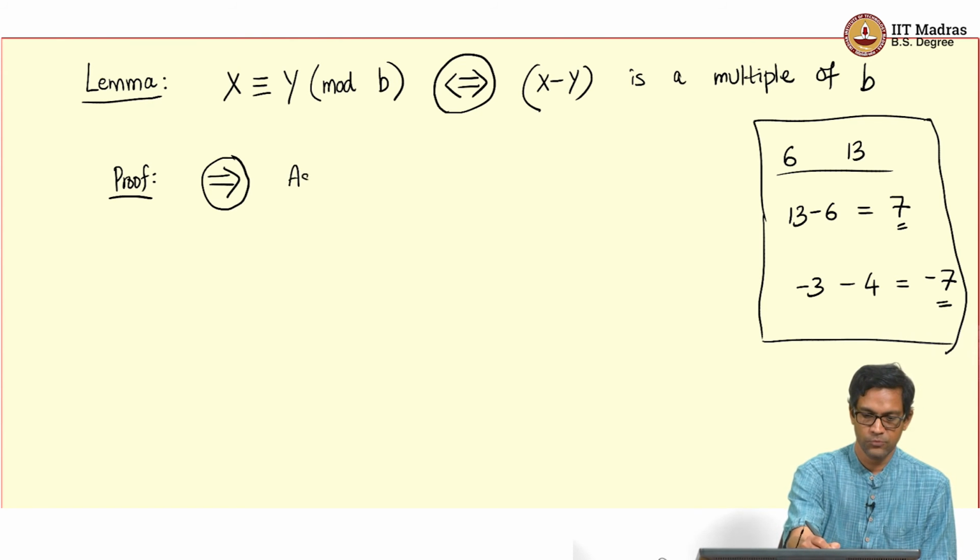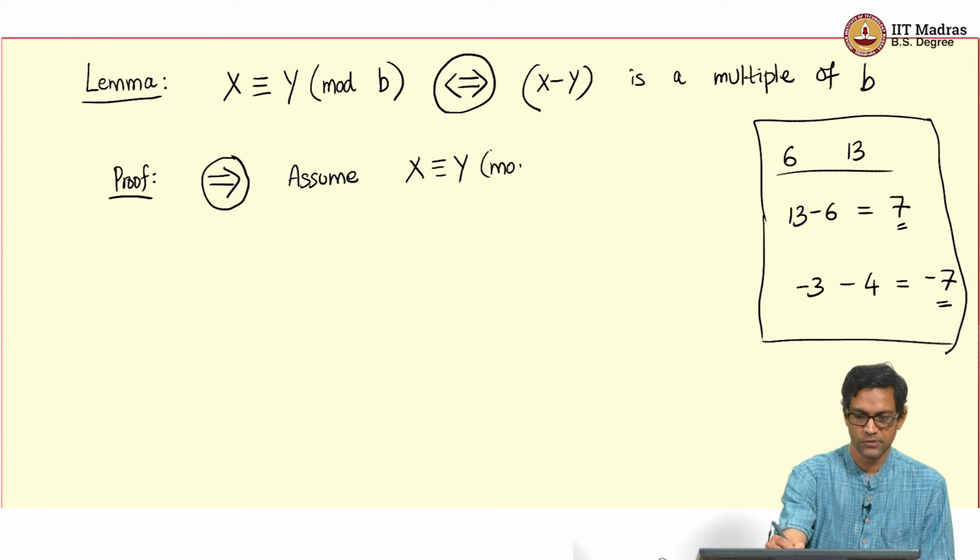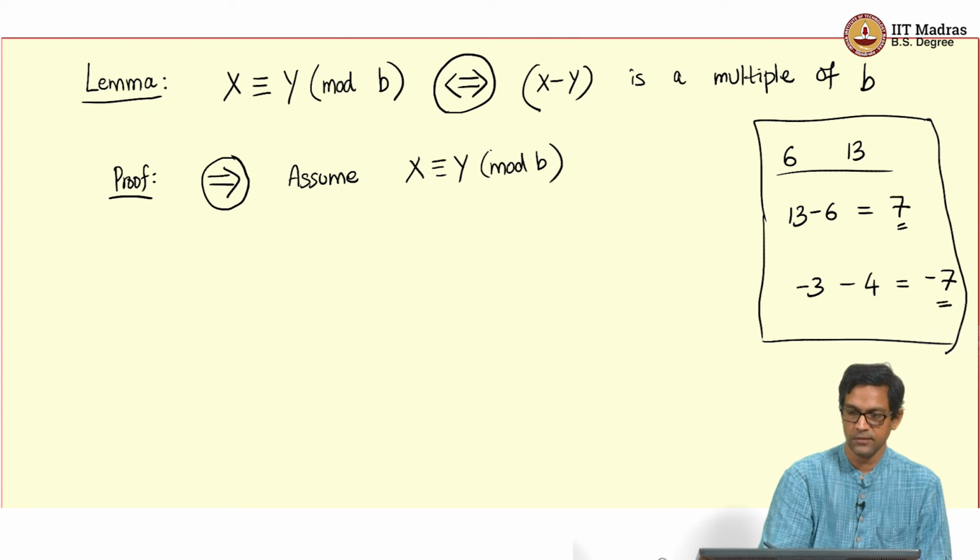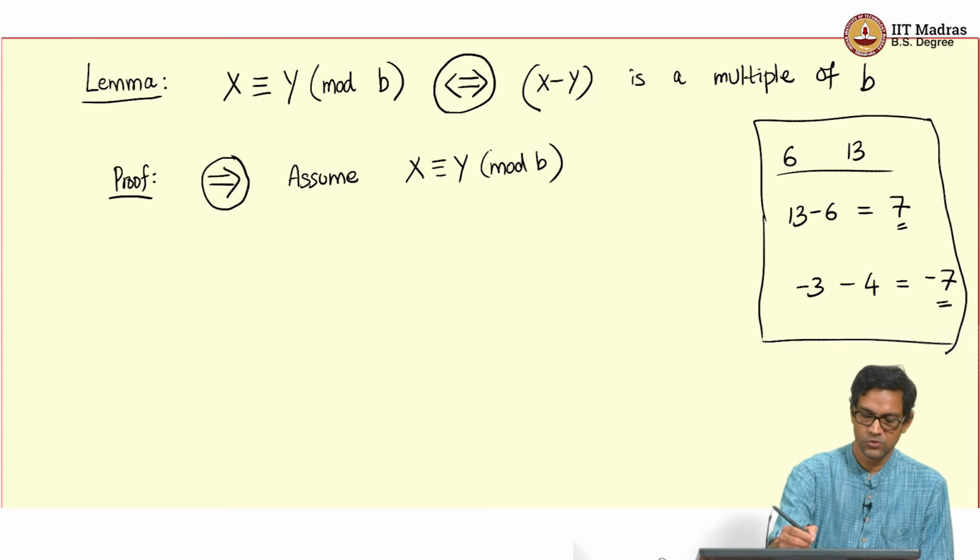So, we are going to assume that, or this is what is given, that x is congruent to y mod b according to the definition, and from that we have to try and prove that x minus y is a multiple of b. So, let us do this. What does it mean by definition to say x is congruent to y mod b? This means that when you write x using the division algorithm, you get some quotient and some remainder.